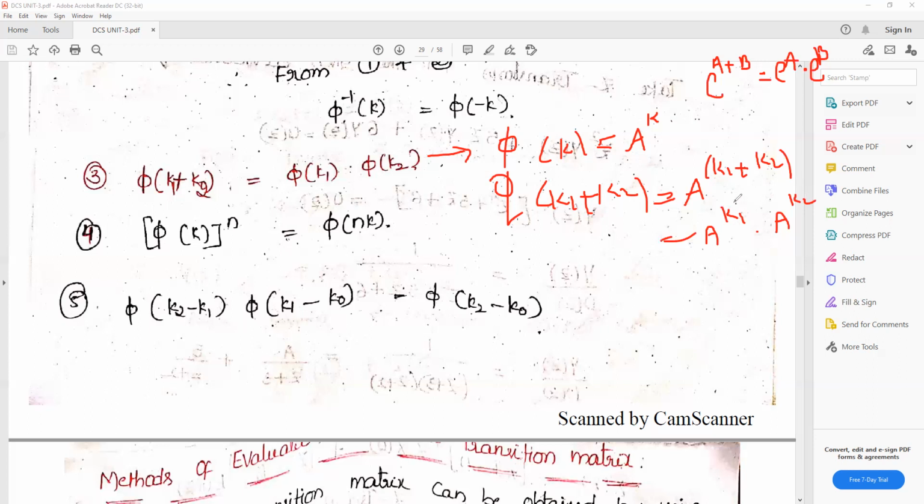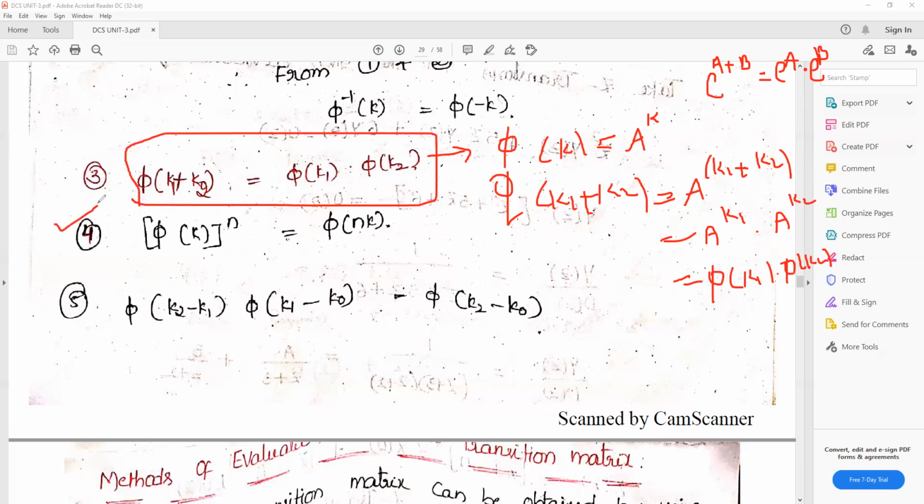So in place of a power k1 we write phi of k1, into phi of k2. So the third property, also prove it: phi of k1 plus k2 is equal to phi of k1 into phi of k2.